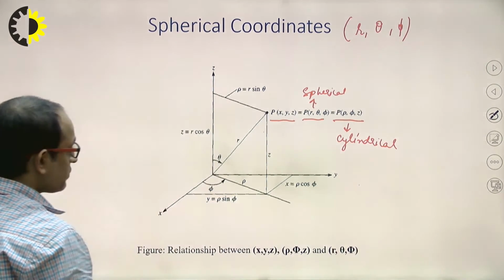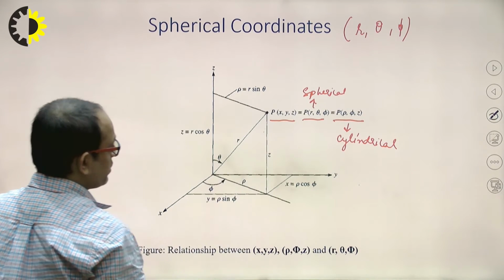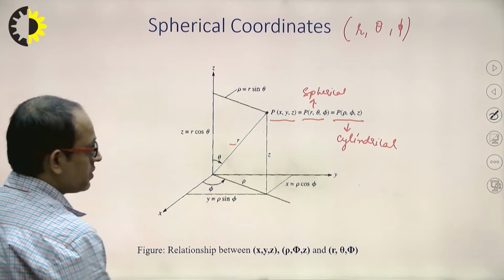Now see, the distance from the origin to the point is given by r.